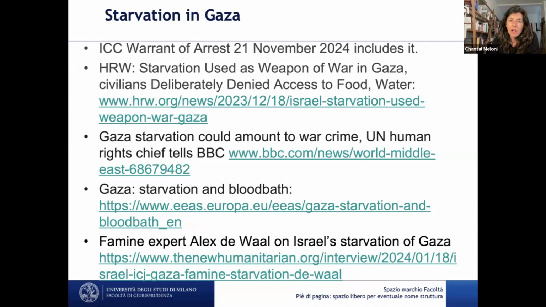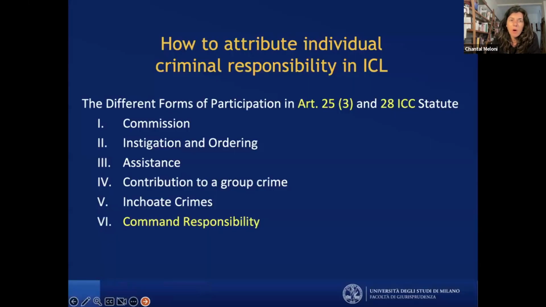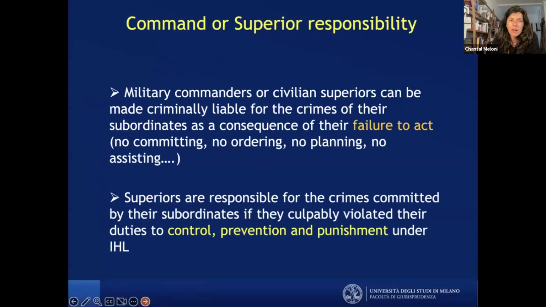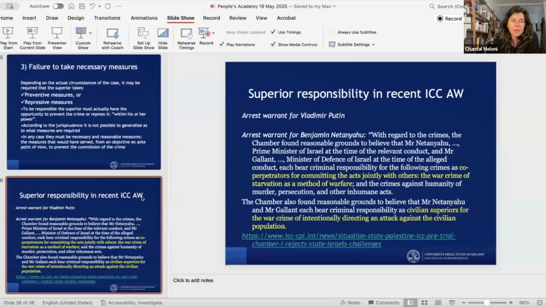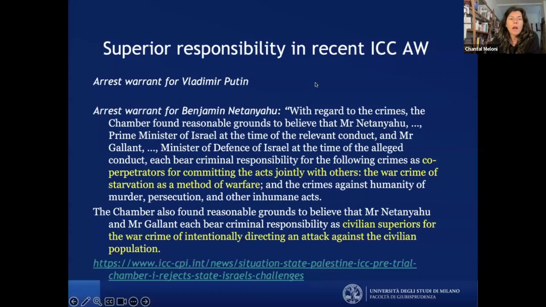In particular, the warrant of arrest, sorry, I need to skip, I think I put it at the end. Oh, yes, this one. So you see there is a warrant of arrest that includes, so here is a hyperlink. I hope you can still see if I click on it. Do you see?